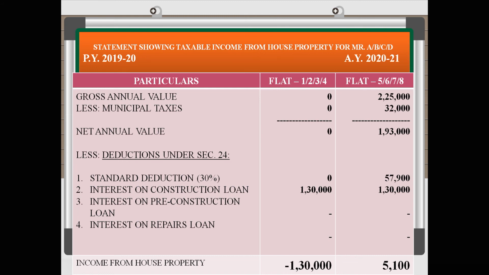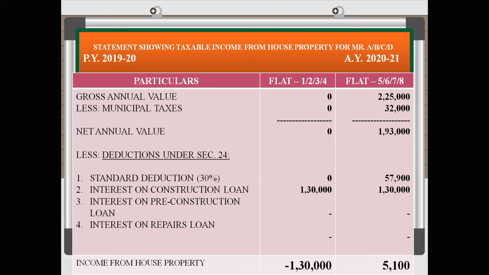Now let us put the gross annual value 2,25,000 for the let out house property, right? In self residential we put 0.